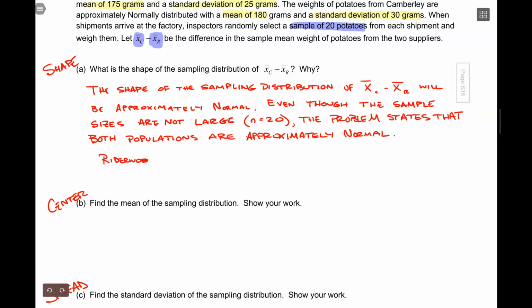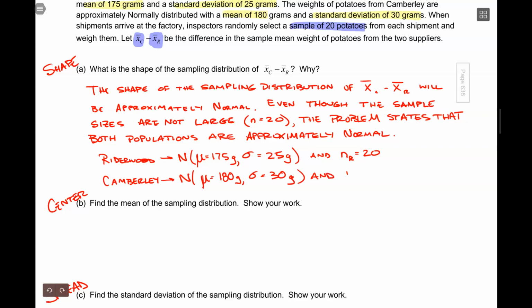For Riderwood, we know that that's normally distributed with a mean of 175 grams and a standard deviation of 25 grams. That's the population parameters of mu and sigma. And we have a sample size there for Riderwood of 20. For the other supplier, Camberley, it is also normally distributed, but we have slightly different mean and standard deviation, but we have the same sample size.